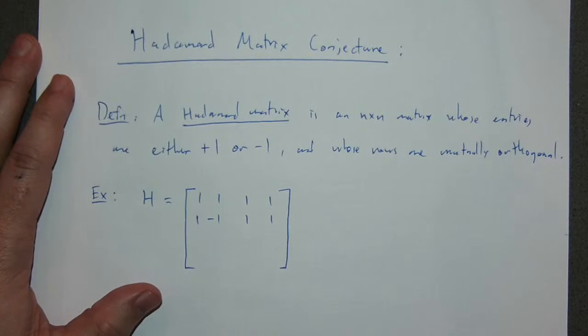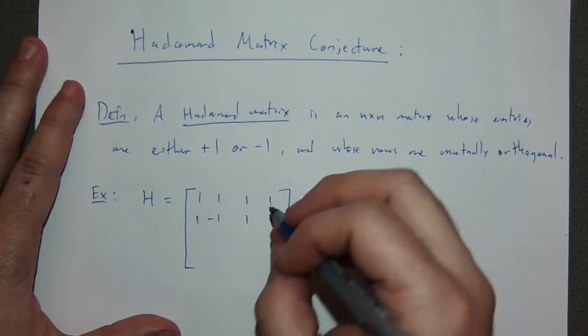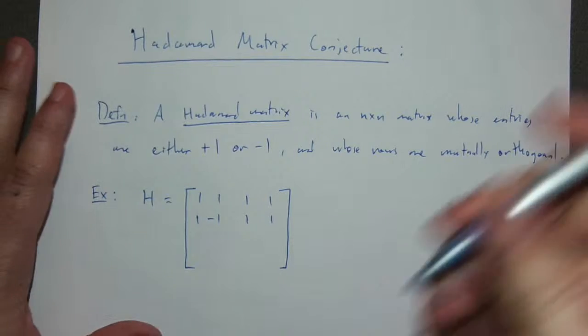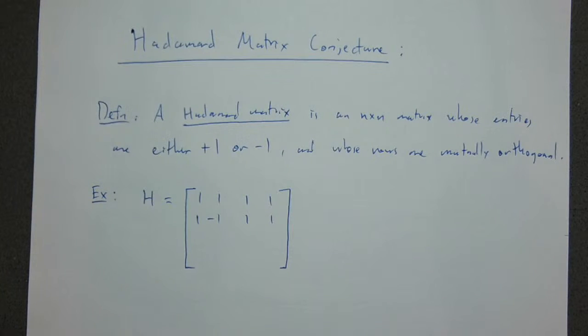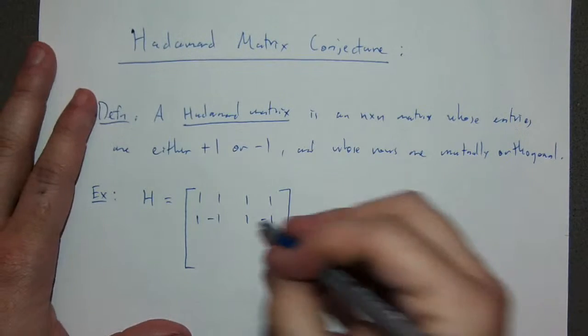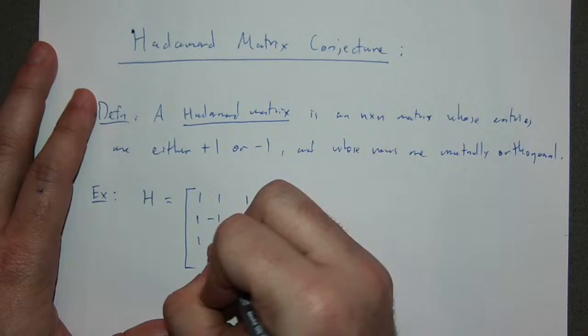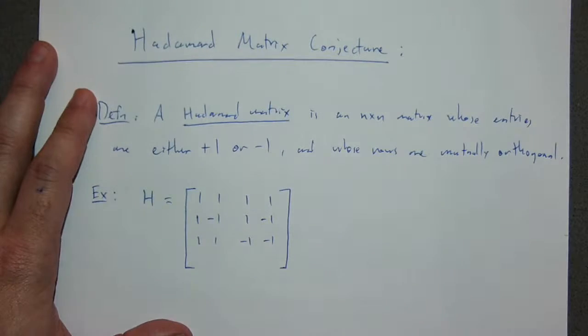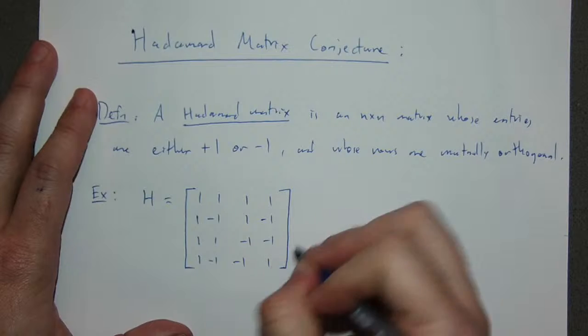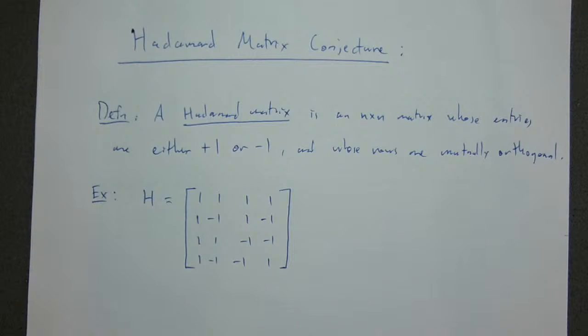Wait, what's going on here? Oh no, that's the wiki. Something's wrong with how the wiki is rendering on my computer. It's ignoring a couple of these. So both of these need to be -1. And then the third row is 1, 1, -1, -1. And the last row is 1, -1, -1, 1. Okay.